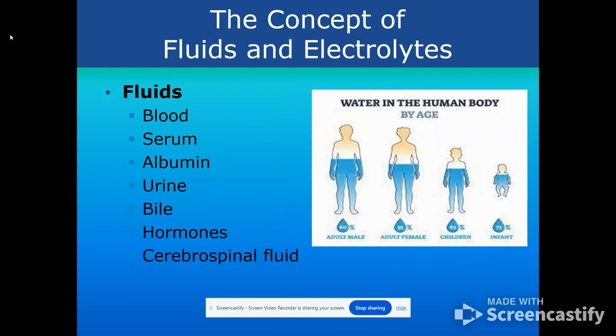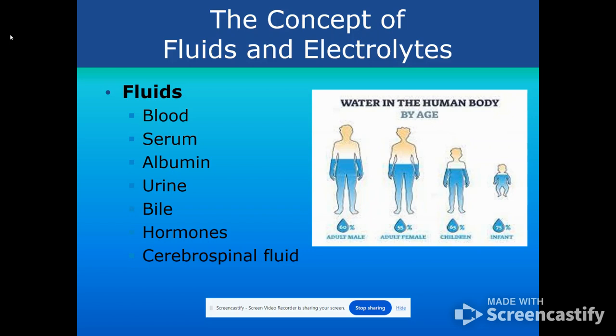Some fluids within the body are blood, serum, albumin, urine, bile, hormones, and cerebrospinal fluid. Factors that affect total body fluid include age, gender, and body fat. You have intracellular fluid, which composes about 40% of total body weight.